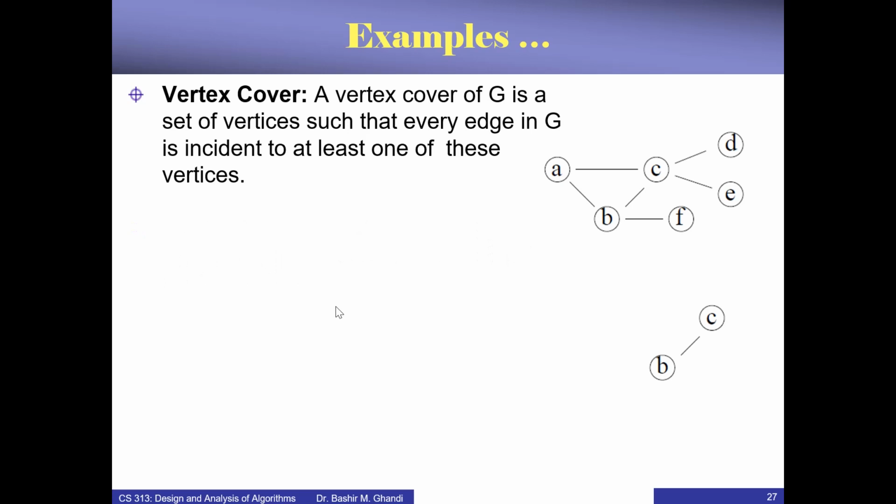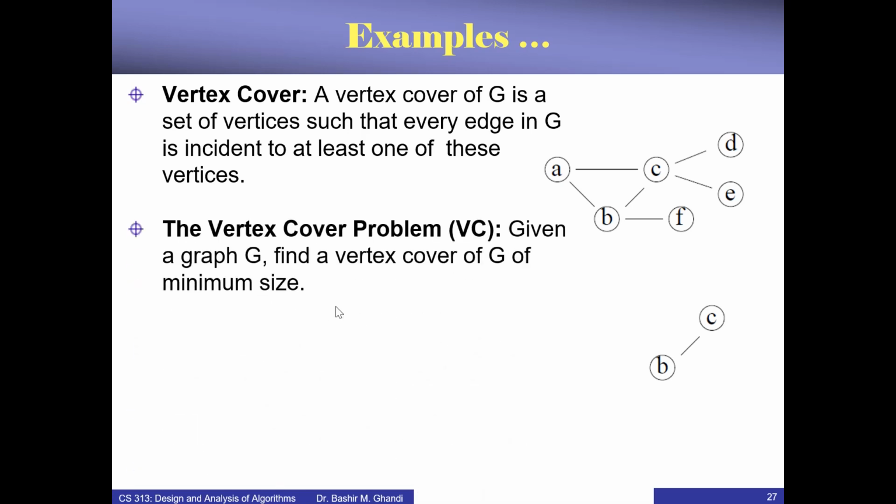So how do we state this problem? As an optimization problem, it can be stated like this. The vertex cover problem, VC: given a graph G, find a vertex cover of G of minimum size.